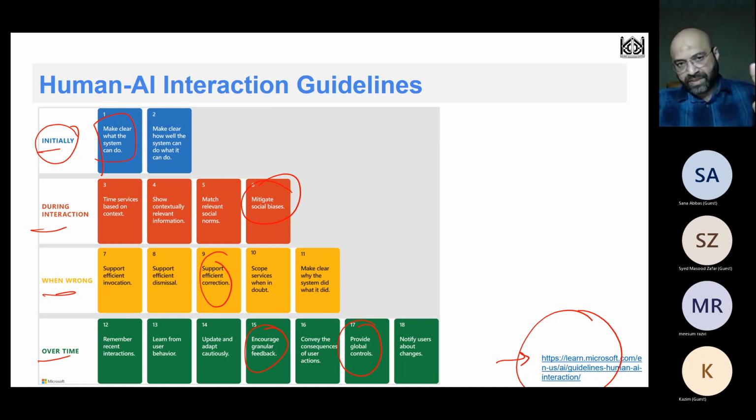All these 18 points have further bullet points that give you more detailed information on how humans interact with an AI system, and what the guidelines should be. If we follow those guidelines, we will have a responsible, non-biased AI system that we are either deploying or consuming.